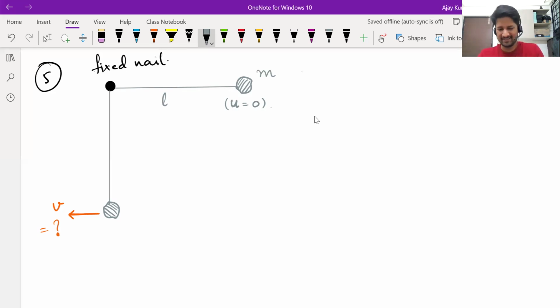Okay, see, you know the initial speed of the object. And you know from where to where the object is going. So we kind of know the displacement.